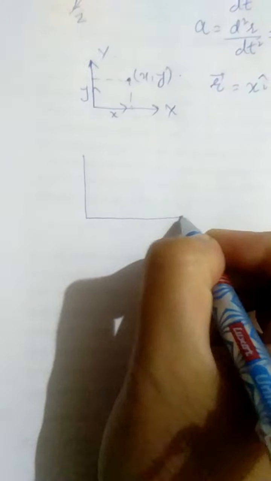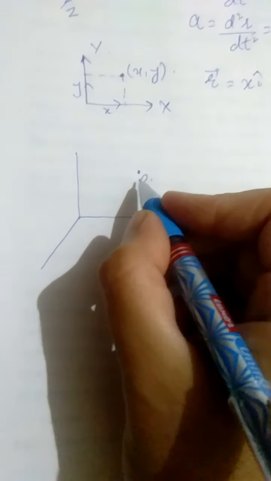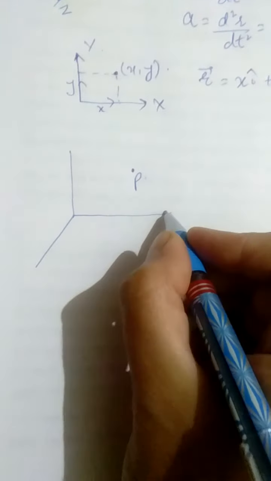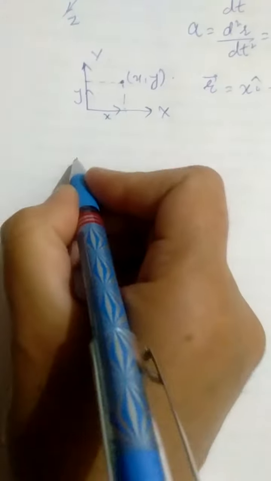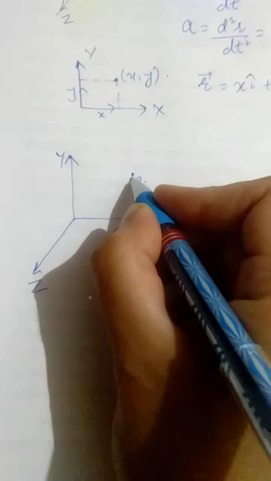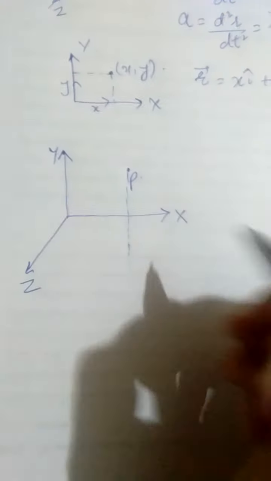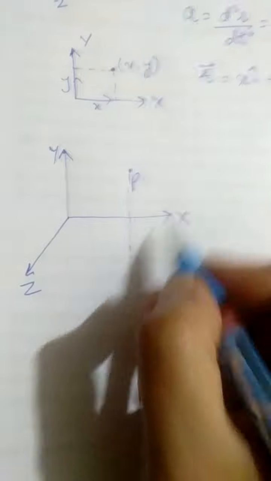So this is the three-dimensional space. This is the point which you are interested in. From this point, you drop a perpendicular. First, let us label the axes as x, y, and z. From this point, you drop a perpendicular in the xz plane, a perpendicular of any suitable length, right?